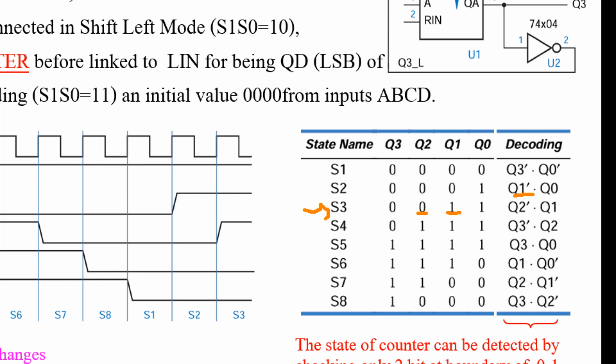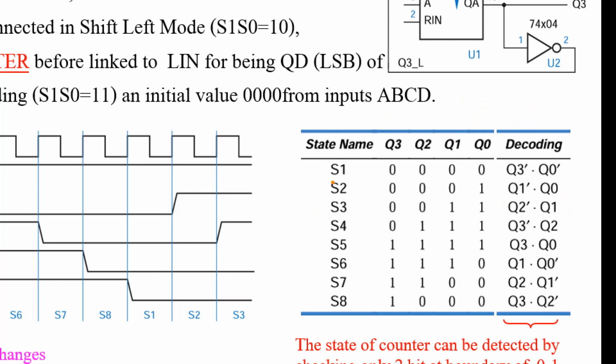You need not check all the bits, namely Q3 prime, Q2 prime, Q1 and Q0. You can reduce the variables needed to check that state.